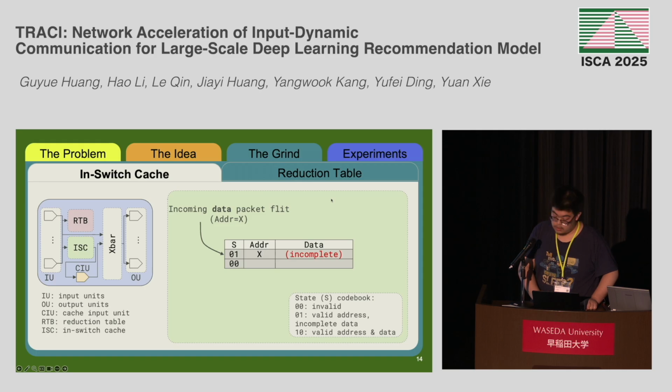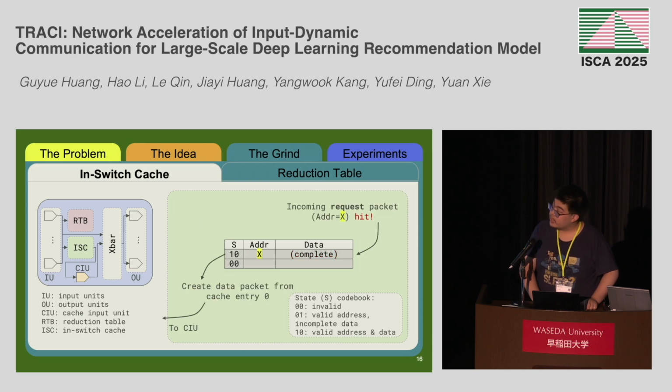We store the address and data as the incomplete state. When we get all the incoming data packets with address X, we change the state to complete. Then if there's an incoming request packet also with address X, there's a cache hit, and we could just create the data packet from the cache entry and send it to the CIU for later processing. So this is how we could utilize this input reuse.